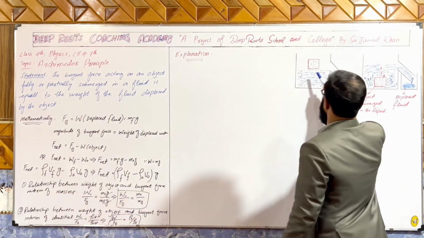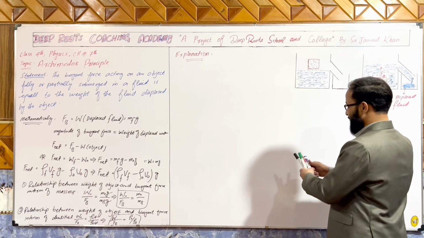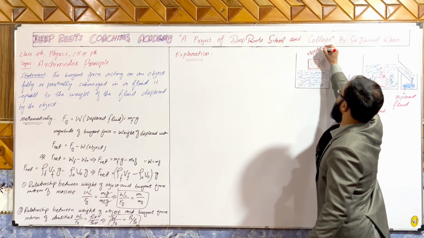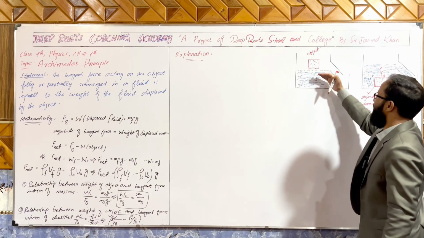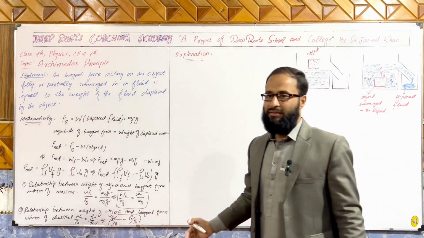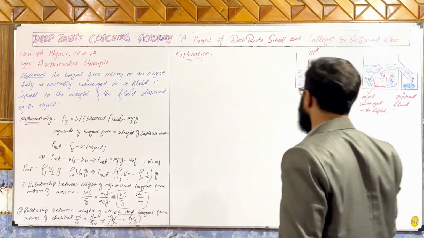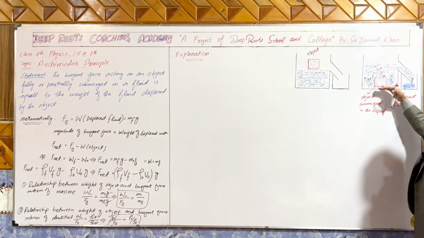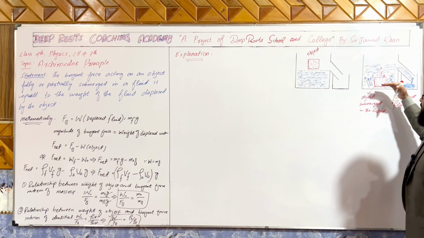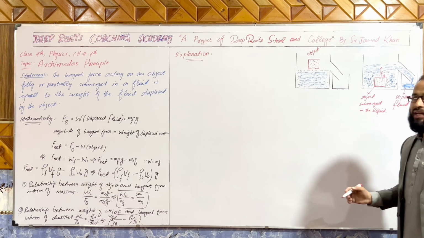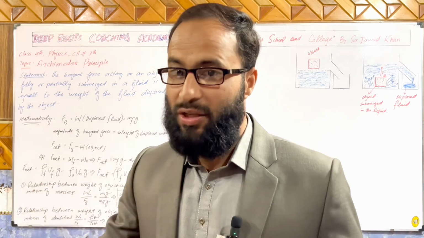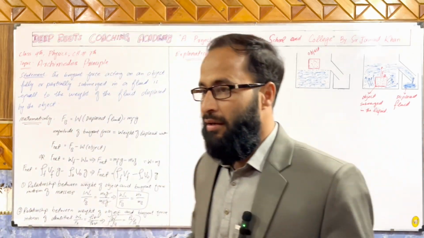Let's suppose this is an object, and this object is submerged into this container having water or any fluid. When this object is submerged, it will make space for itself and will remove the water or the fluid.